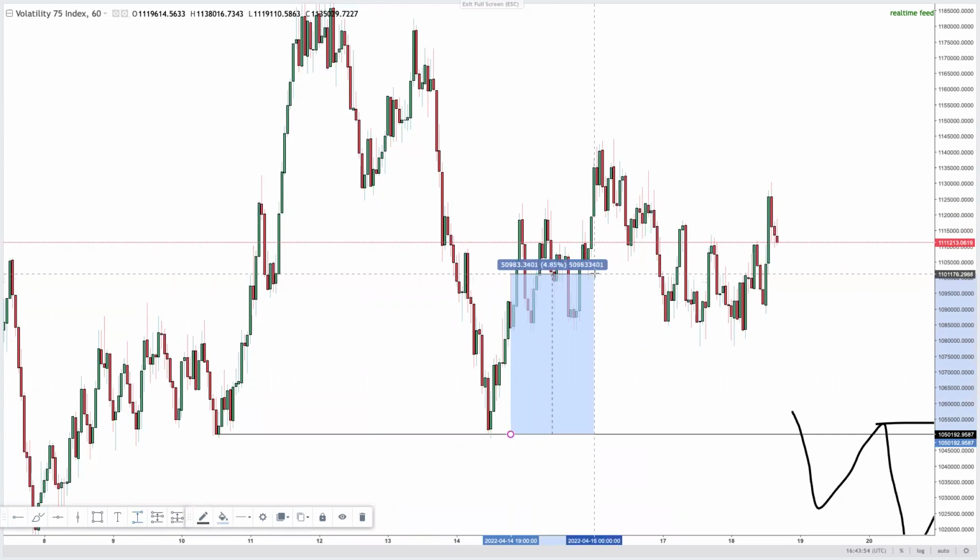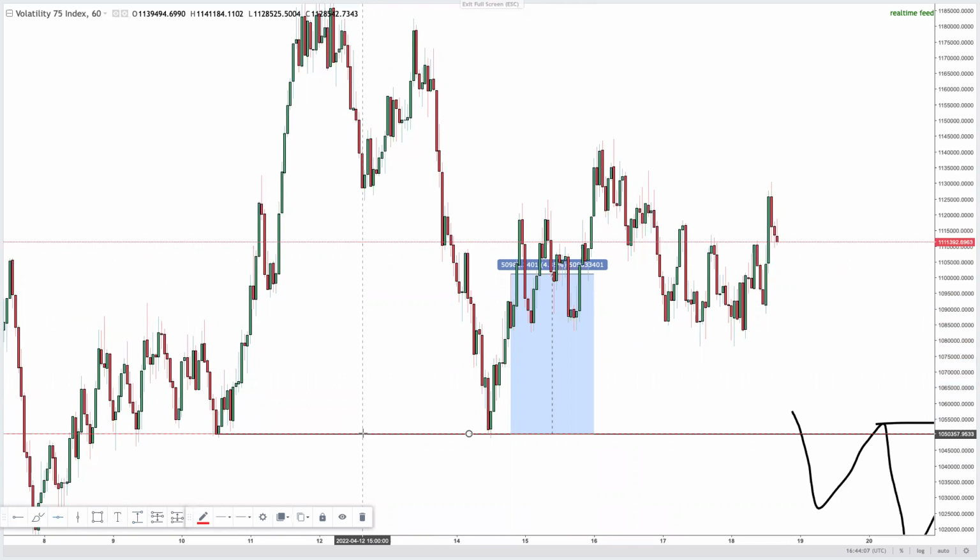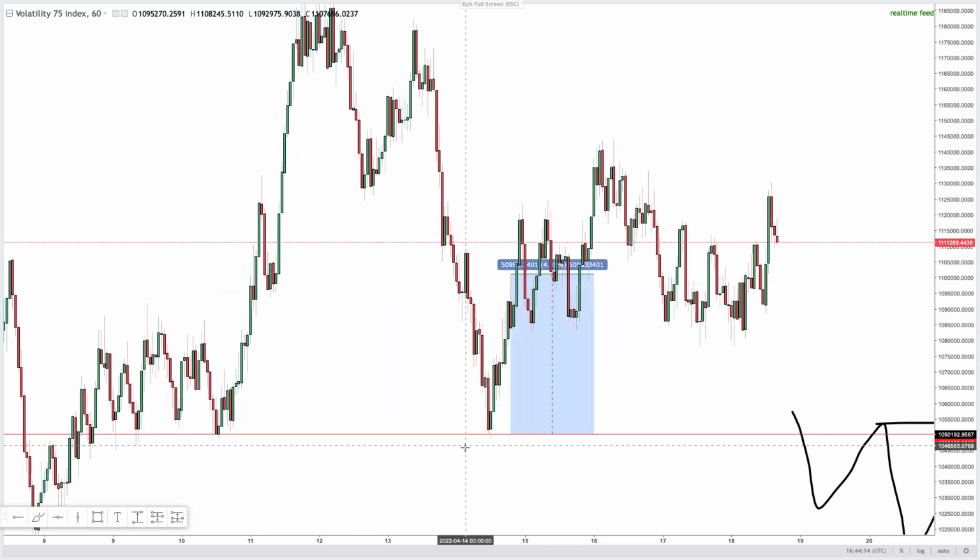When price moves 50 pips, I will close some positions. After closing some positions, I will move my stop loss to my entry. I'll put my stop loss right here, at the same place I placed my entry. And at the same time, I will close some positions.